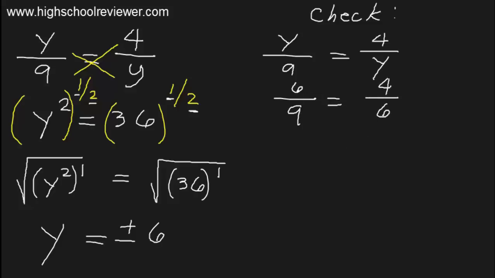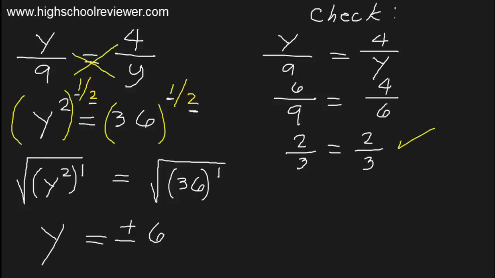So we can simplify this 6 and 9. This will be 2 over 3, since 3 is common between them. And for 4 and 6, 2 is common between them, so 4 divided by 2 is 2, and 6 divided by 2 is 3. So therefore, y equals positive 6 is correct.